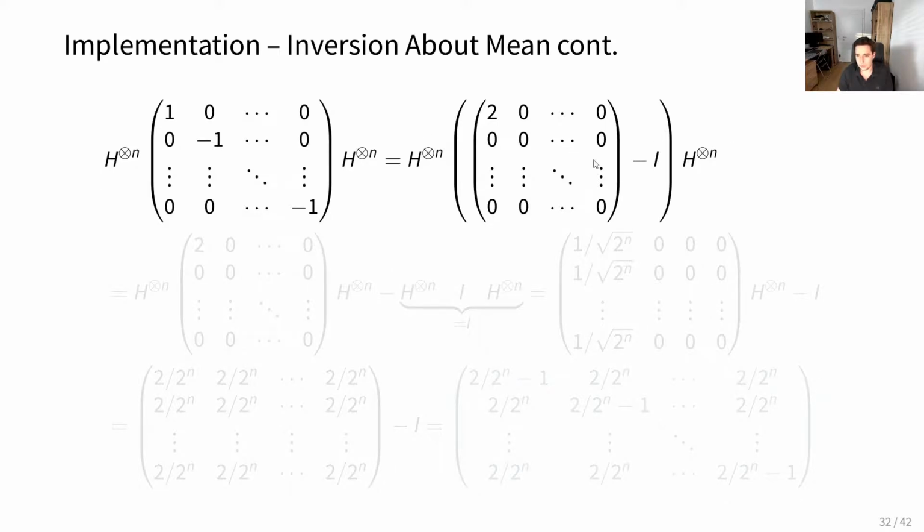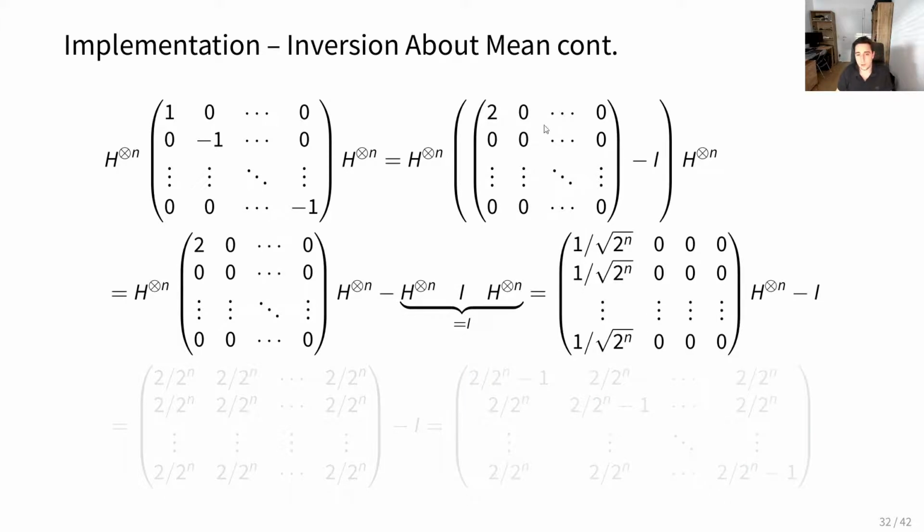Then the next step is that we can move this identity out, and we have this representation here, minus Hadamard gate, identity, Hadamard gate, and this is again the identity. This is also another property of gates we use in quantum computing, that we can always use this notation here.